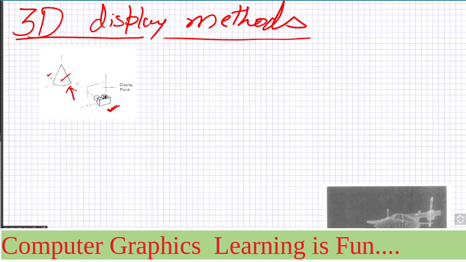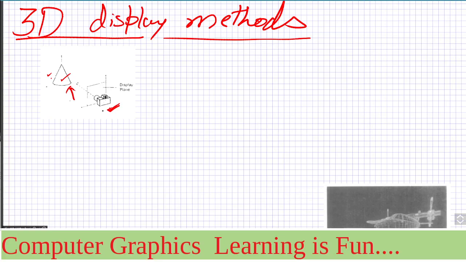Before that, let me tell you that we need a reference coordinate. Suppose where the camera is, from where you are looking at the three-dimensional object. So from this position you are looking at the three-dimensional object, and this will give you a reference coordinate system.